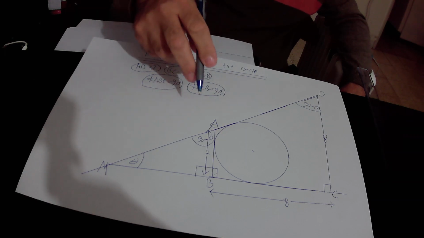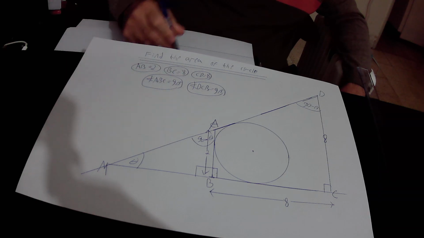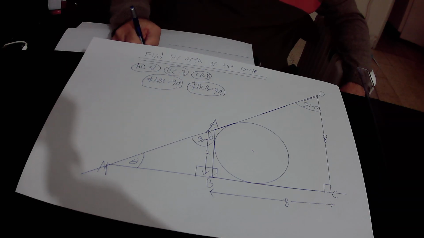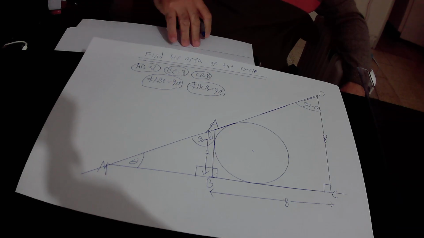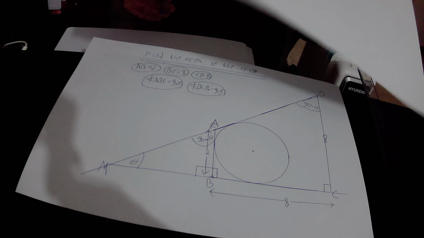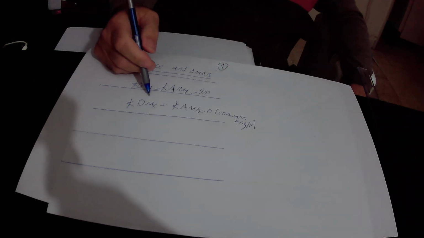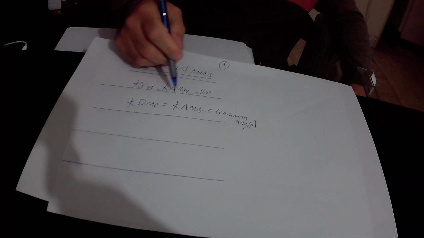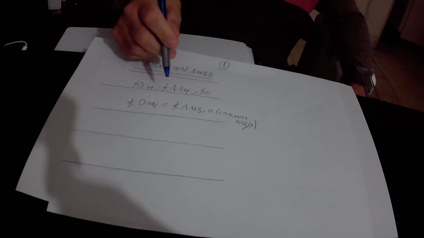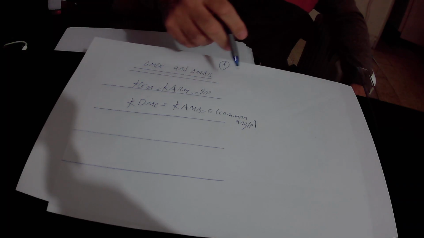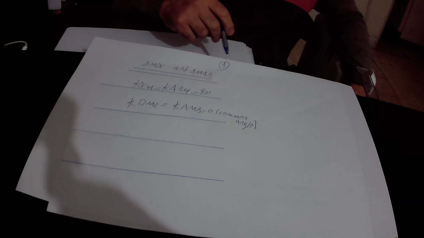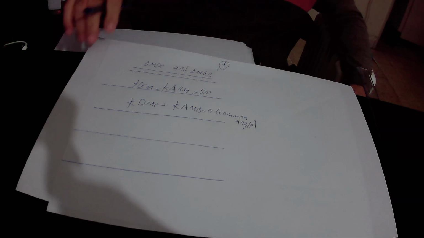So those are two different names for the same angle, angle theta. It's a common angle that belongs to both triangles.